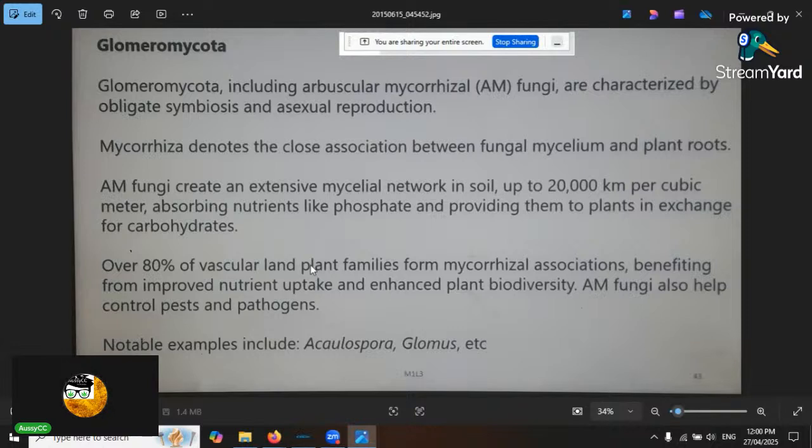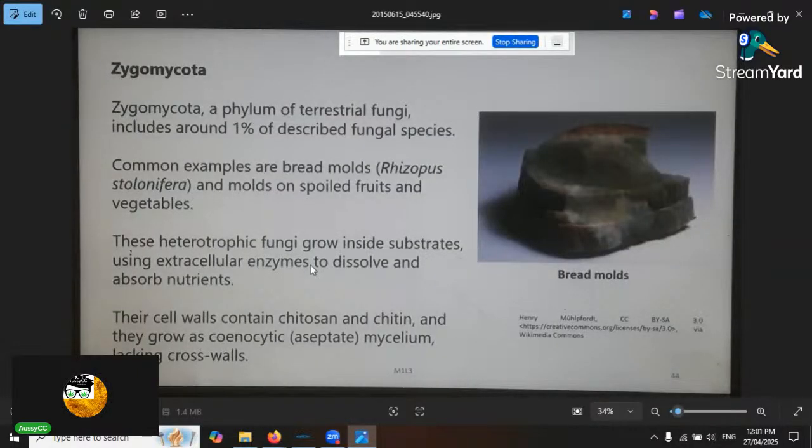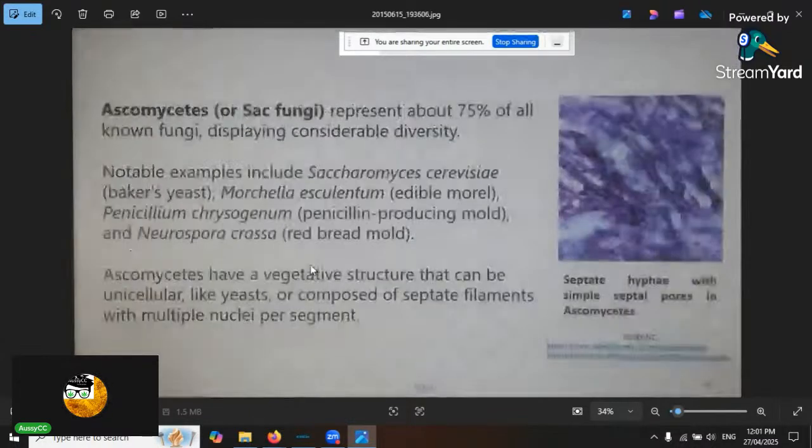Acaulospora down the bottom. I've got Glomus. Rhizopus. It's one of the exam questions.